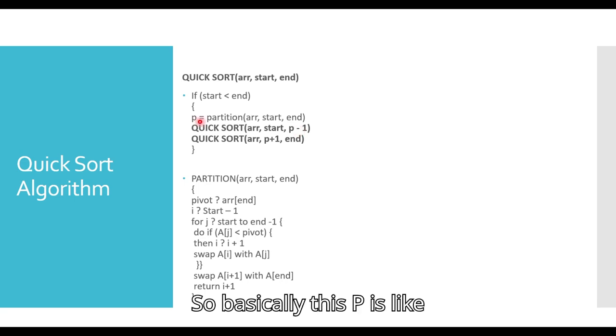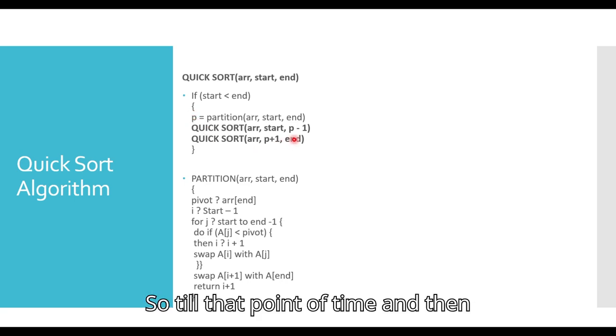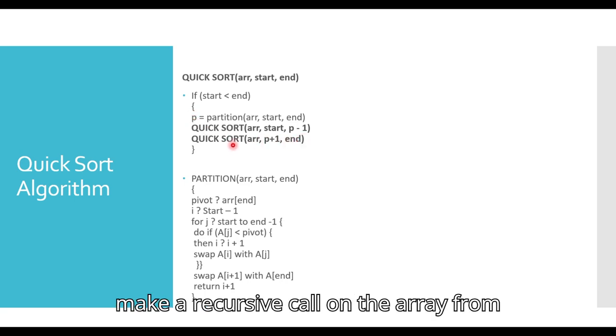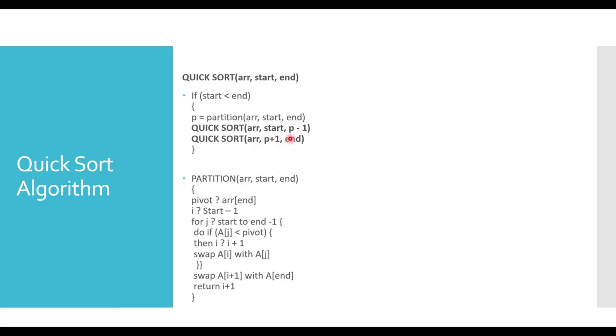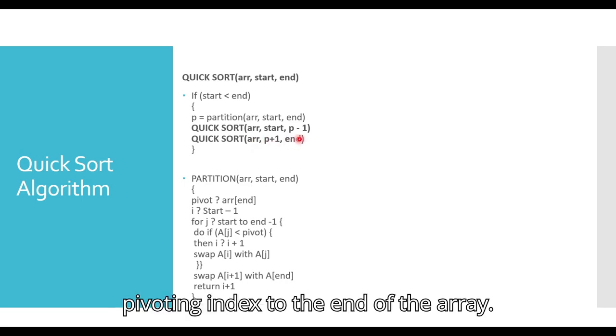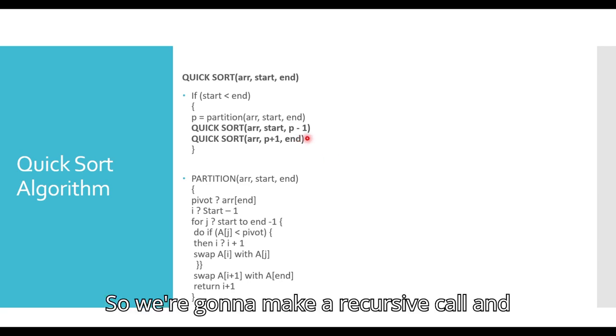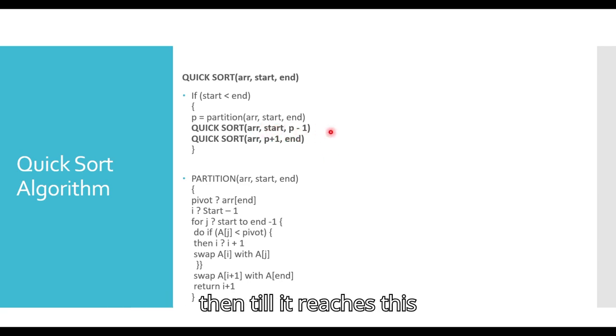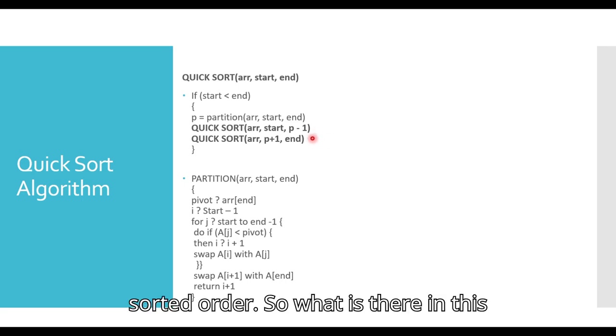Basically this p is the partition index or pivot index. Then we make a recursive call on the array from the pivot index to the end of the array, and we keep making recursive calls until it reaches sorted order.